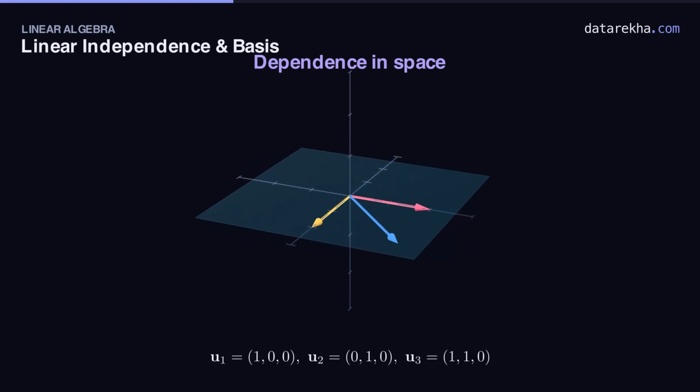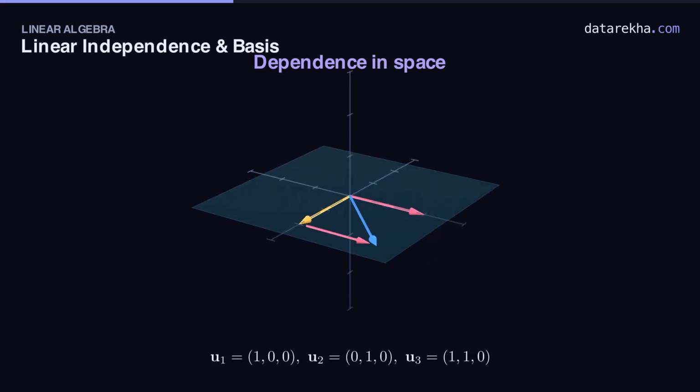They are trapped in 2 dimensions, and here is exactly why. Slide U2 so it starts at the tip of U1, and it reaches the head of U3. In other words, U3 is precisely U1 plus U2, the diagonal of their parallelogram. So U3 carries no new direction. It's dependent, and no matter how you scale these 3, you will never once leave the floor. 3 vectors, but only a flat plane's worth of reach.